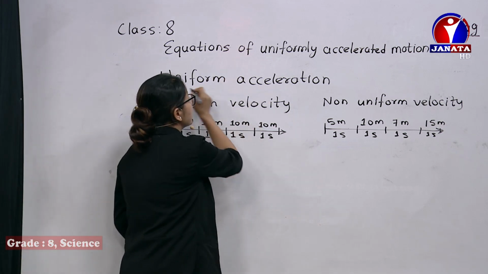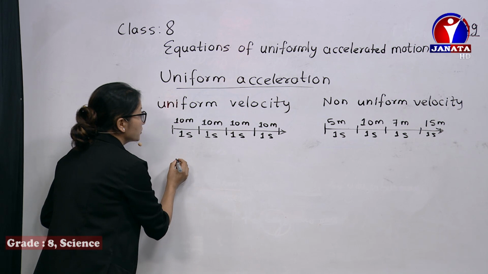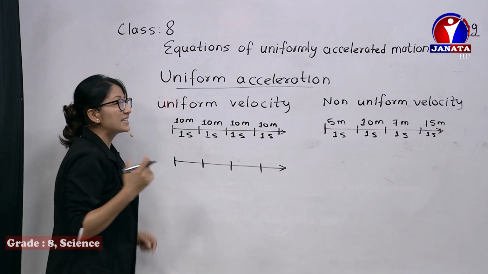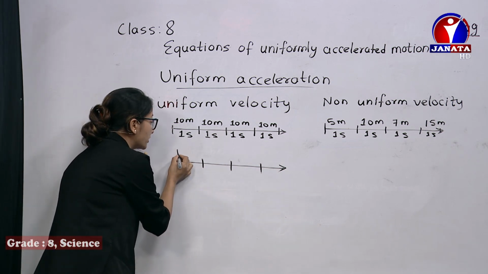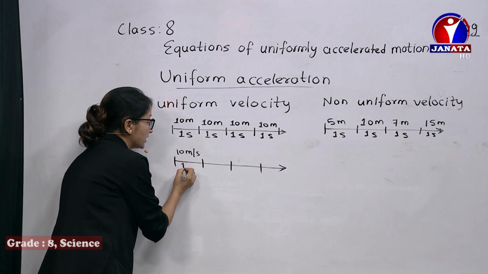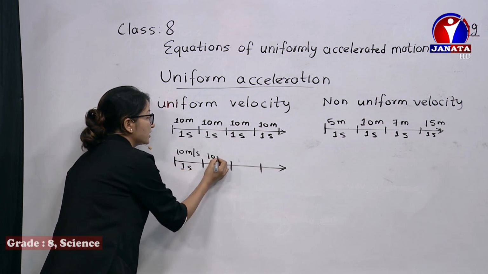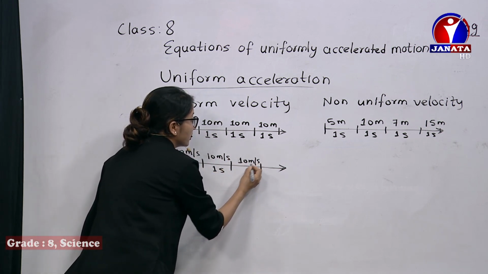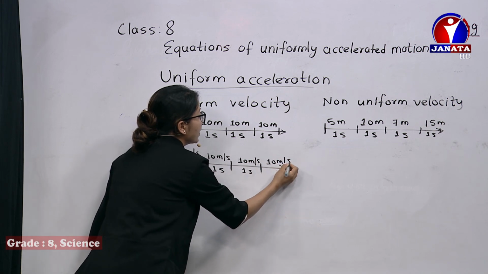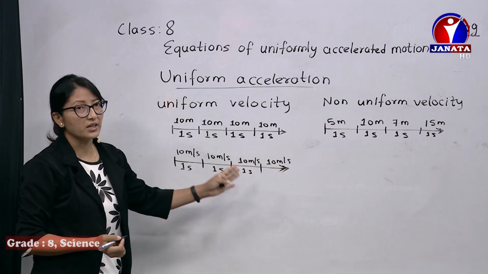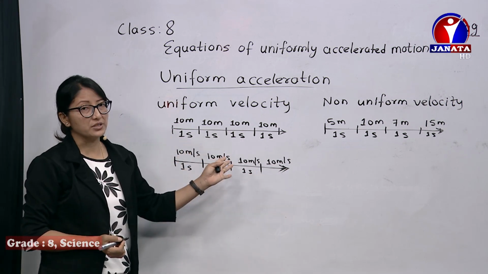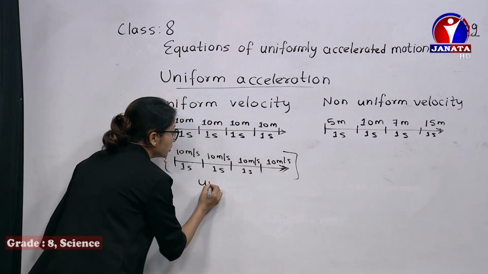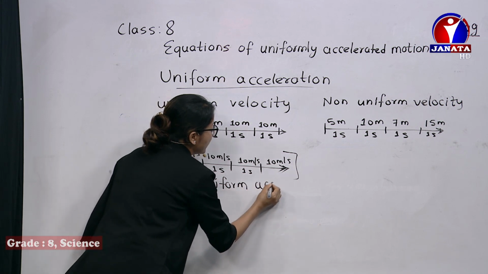When we talk about uniform acceleration, please keep in mind, if a body travels with a velocity of 10 meter per second in the first second, in the next second again 10 meter per second, again 10 meter per second, and so on, in every equal interval of time with the same velocity, then the body is said to have uniform acceleration.